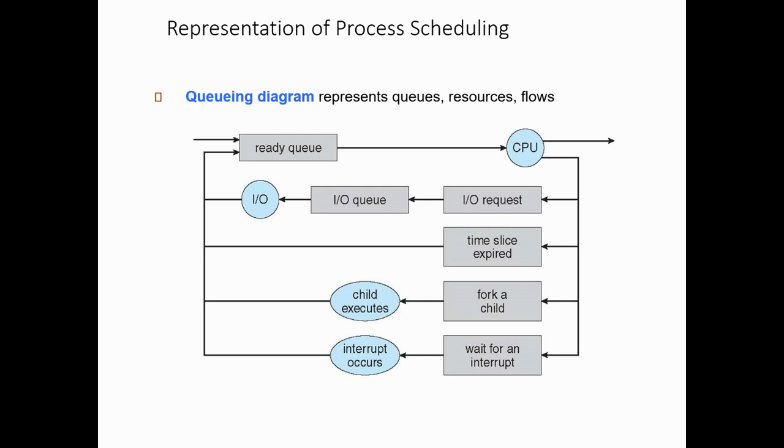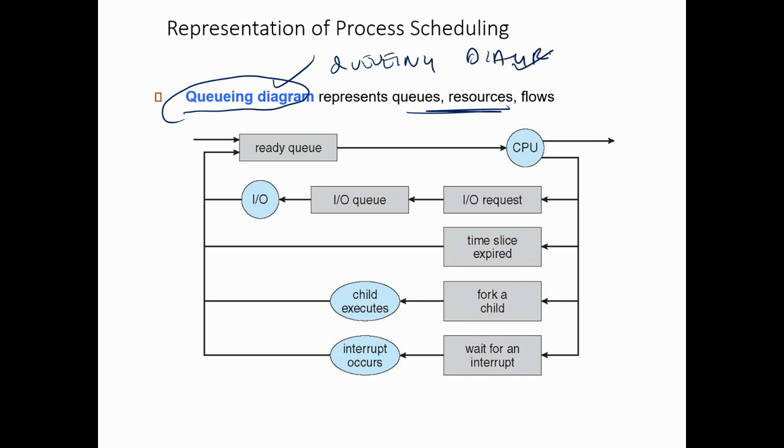We have talked about three queues: job queues, ready queues, and device queues. What is the diagram which represents that? The diagram used to represent queues, resources and flows is called the queuing diagram.